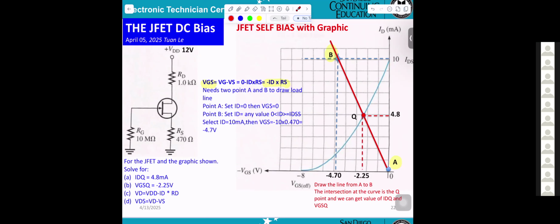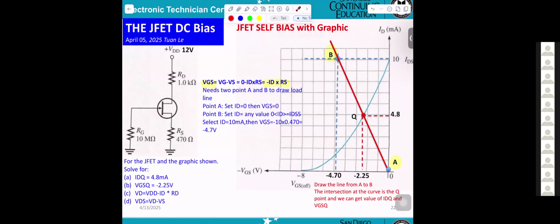Okay, so ID equal 10, VGS equal minus 10 times 0.470 ohm. Okay, that will tell you VGS equal minus 4.7 volt. You go up, you go right to left, you get the point B.